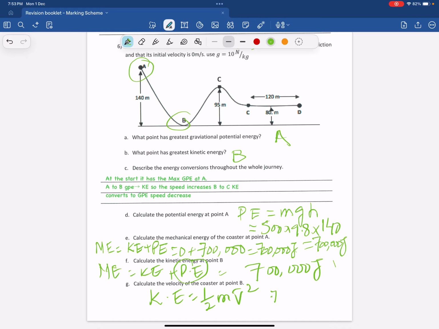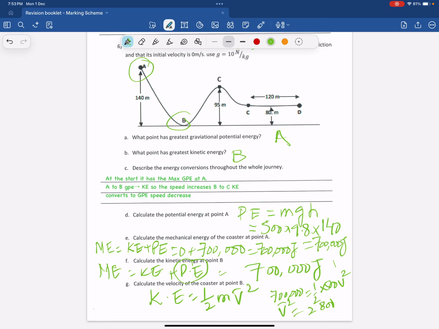So we have KE is equal to 700,000, and that is equal to 1/2 times 500 times v squared. When you do all the calculations, you should be getting 2800.